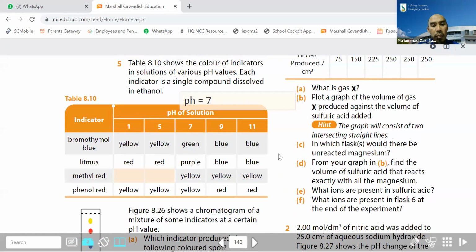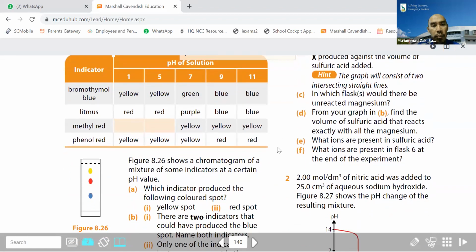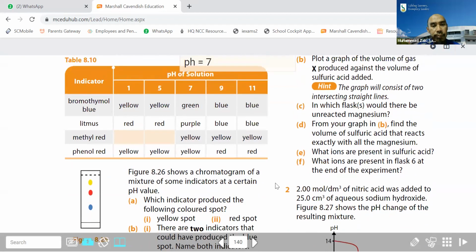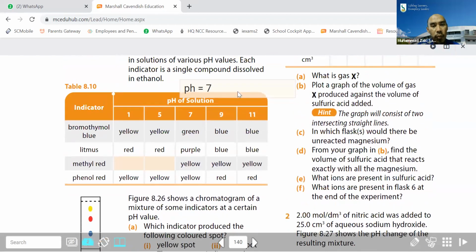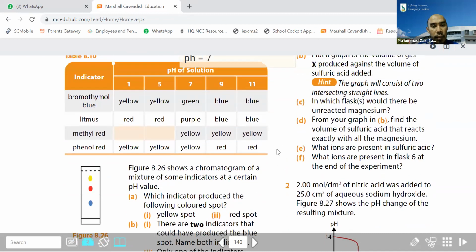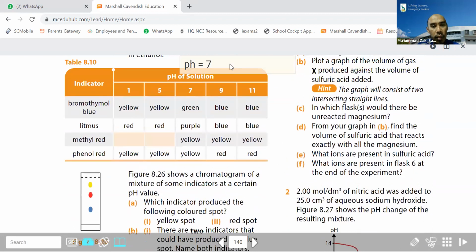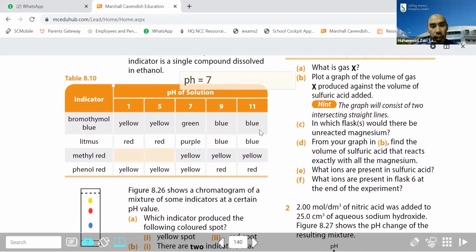Red spot. Ethanol is 7. Why 3? Why 3? Is something wrong with the question or what? Never mind.